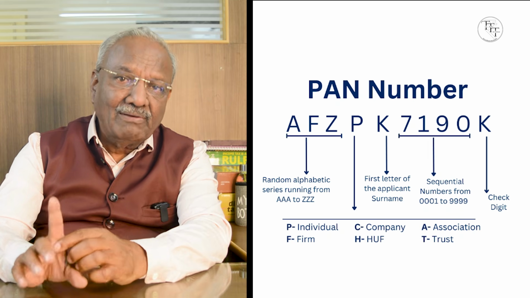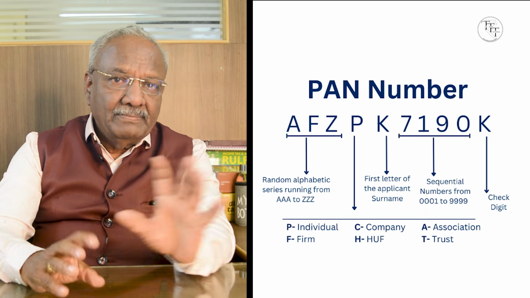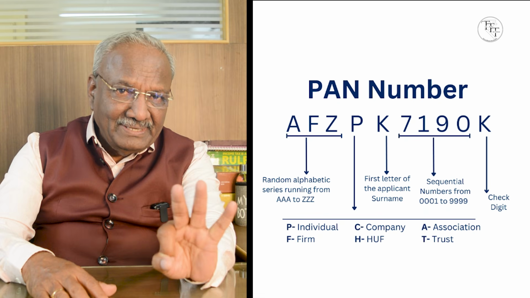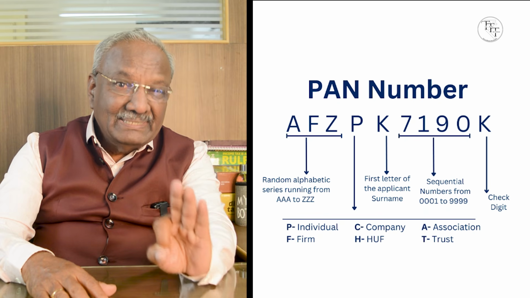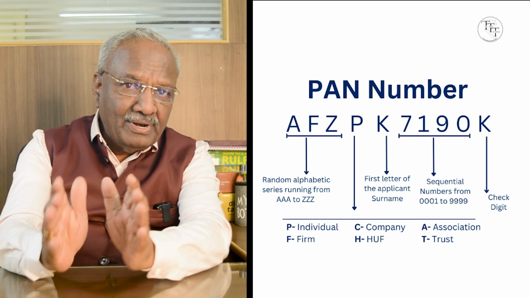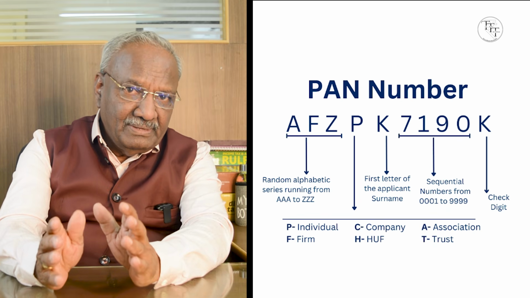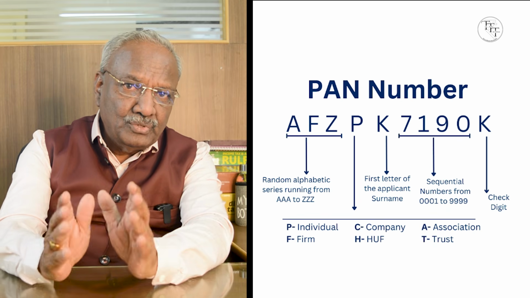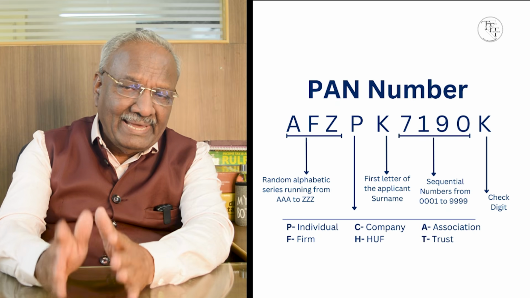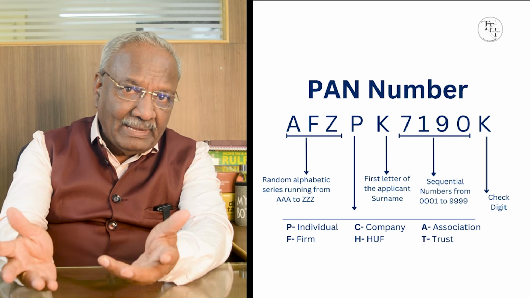That is what is called alphanumeric. Now, out of the first 5, the first 3 are series letters. Series means what? The 4 numbers that you have may start from 0001 and can run up to 9999. That's all. After that, what happens?